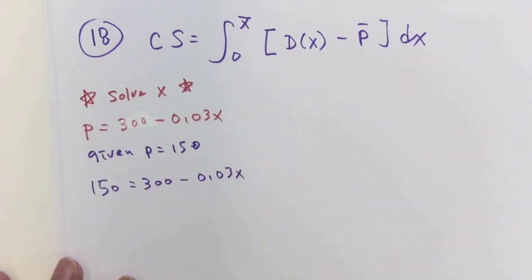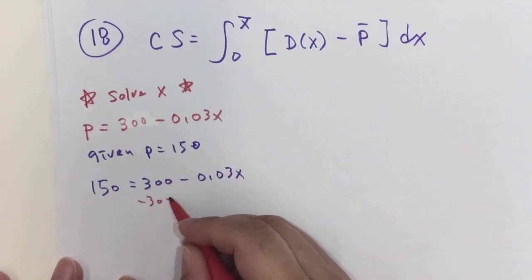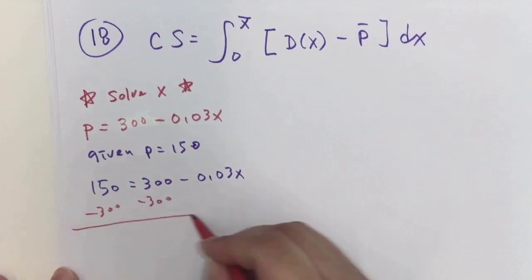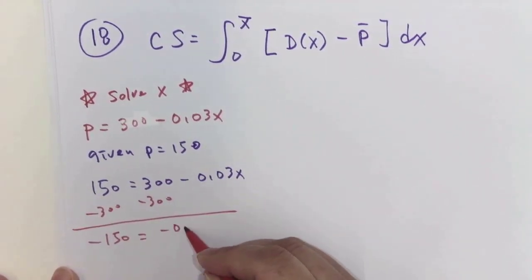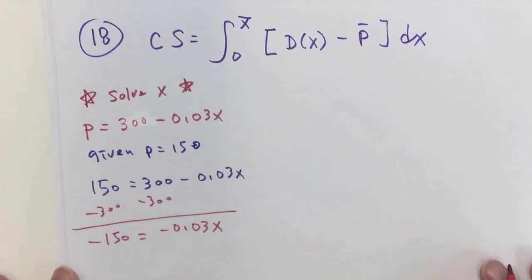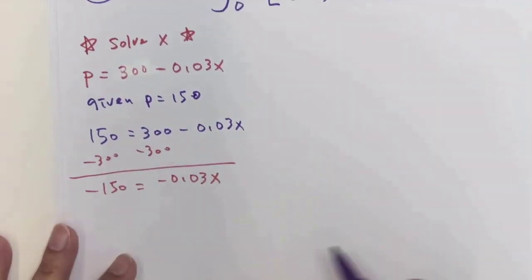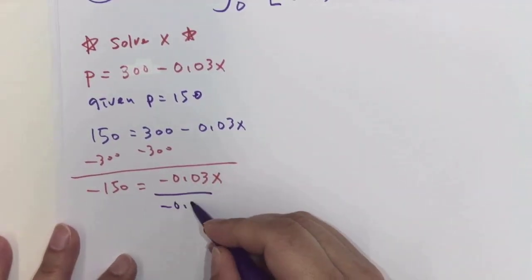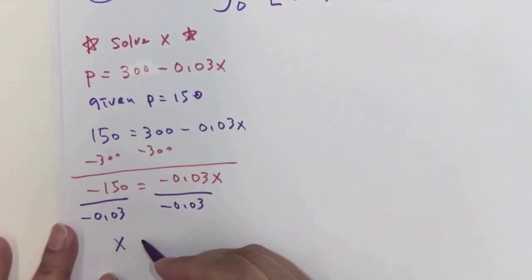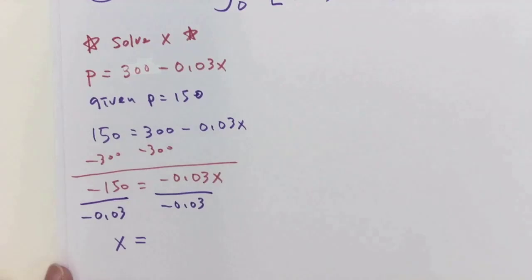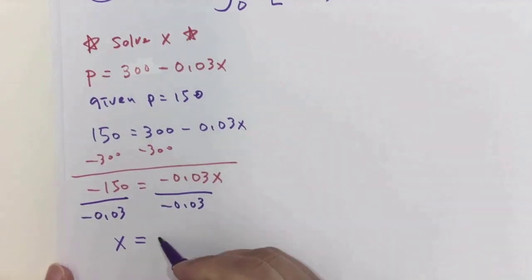Move the 300 to the other side. By subtracting, you get negative 150 equal to negative 0.03x. And then what? Divide both sides by negative 0.03. x is going to be 5,000 units.